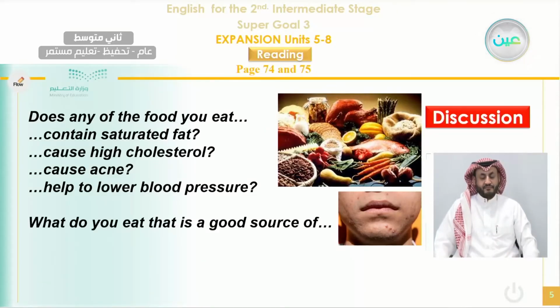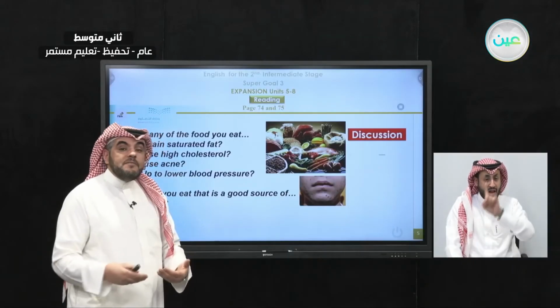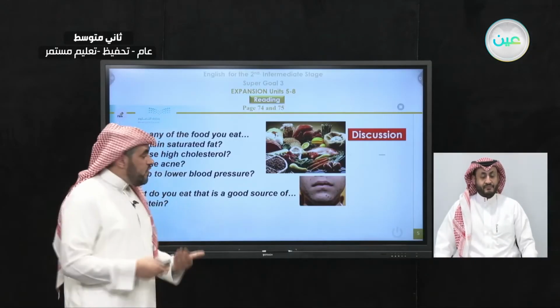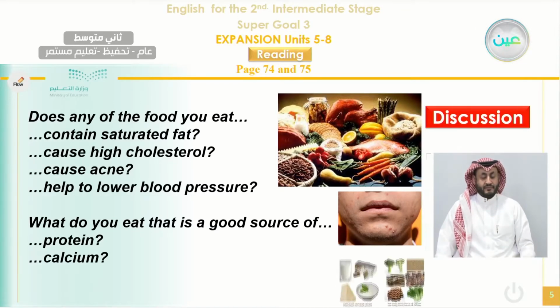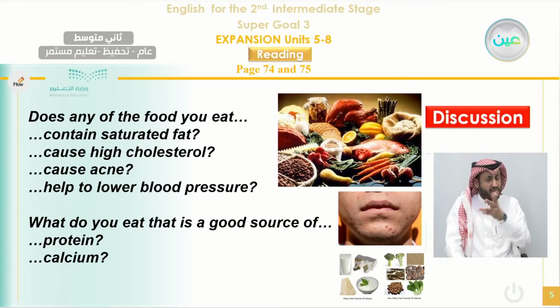Okay, also another question here: what do you eat that is a good source of protein? You know, protein is one kind that exists in some kinds of food. Where can you find protein, and where can you find calcium? These are the kinds of food where we can find calcium.